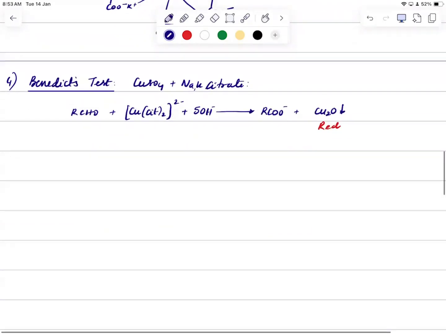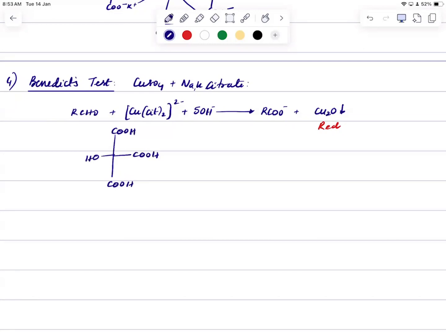The structure of citrate would be like this, where we have COOH at the end, COOH at the other end, and in the middle one more COOH, with one OH here. At the center, we have two more carbons with H and H. So you can notice 5 carbons in this line, and one more carbon here with a COOH group.